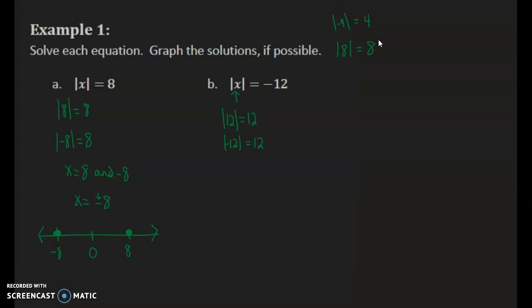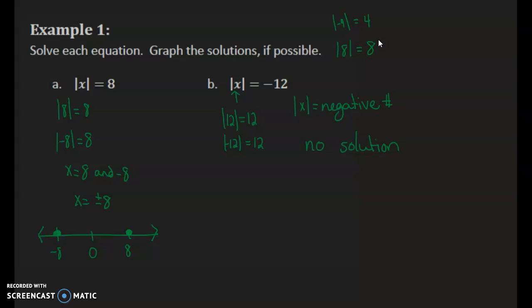There is nothing you can plug into an absolute value that will end up being a negative after the absolute value is done with it. So anytime you see an absolute value by itself that equals a negative number on the other side, then you can automatically put no solution.